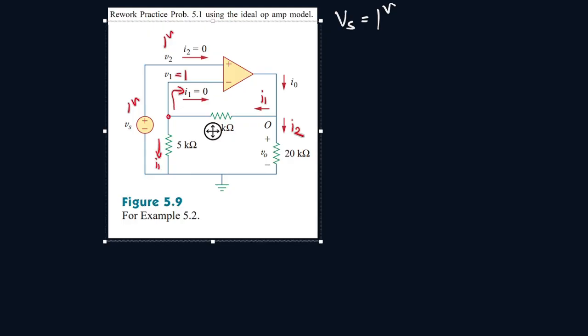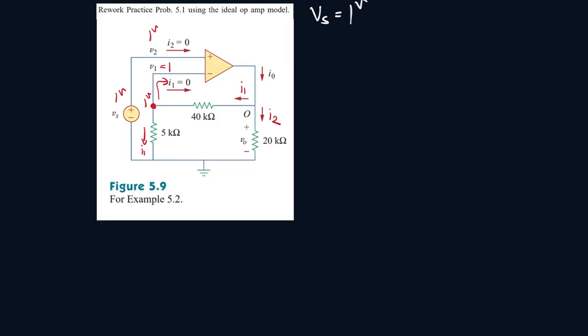So we know the voltage here will be 1 volt. So we can quickly solve for I1 because it goes from here. So I1 will be equal to 1 volt minus the ground all over 5,000, which gives us 2 times 10 to the minus 4 amps.